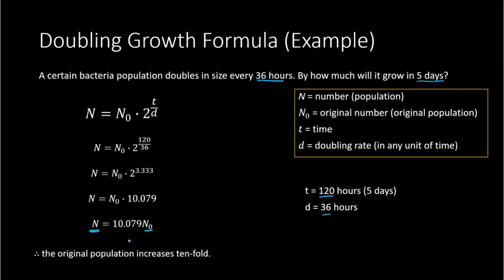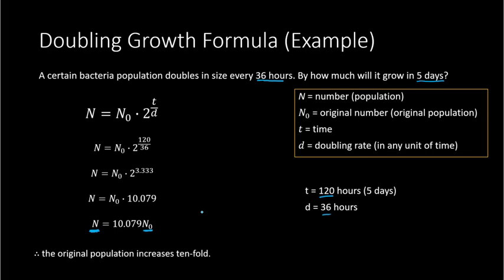So the population increases basically by tenfold, so 10 times the original amount. So this is one application of the doubling growth formula. And then if you had the original amount, the N sub 0, we can figure out the actual number, the actual population at the end.